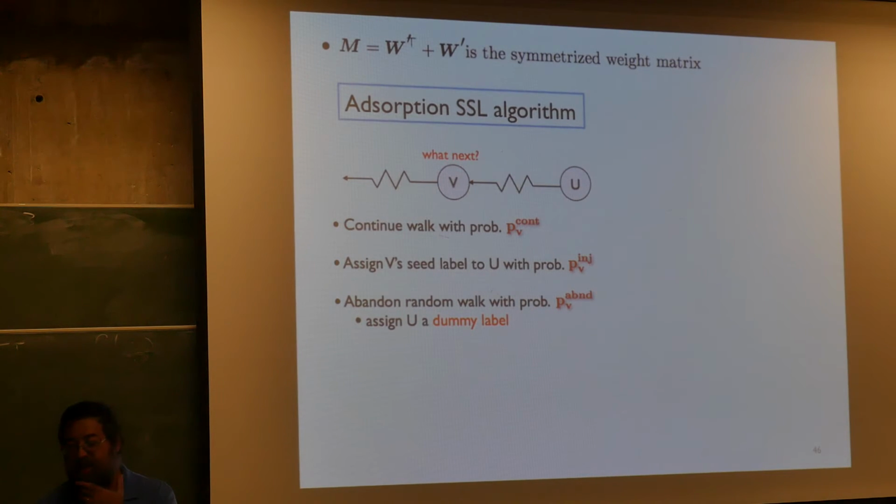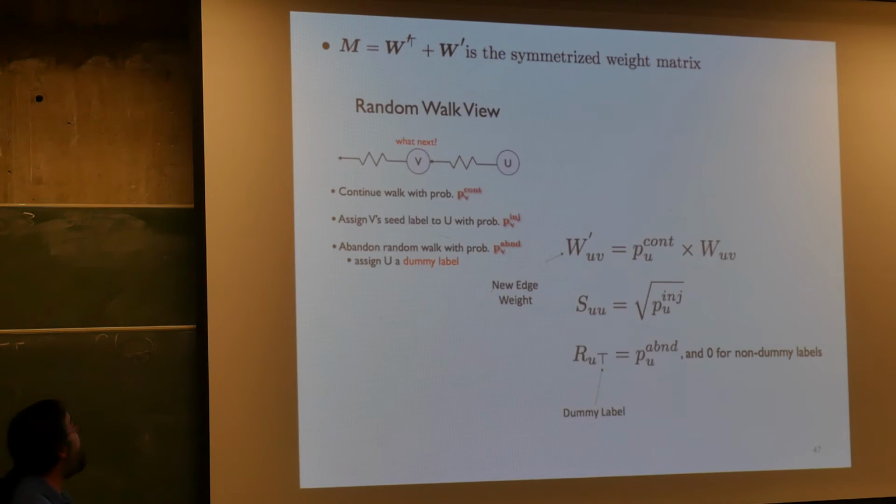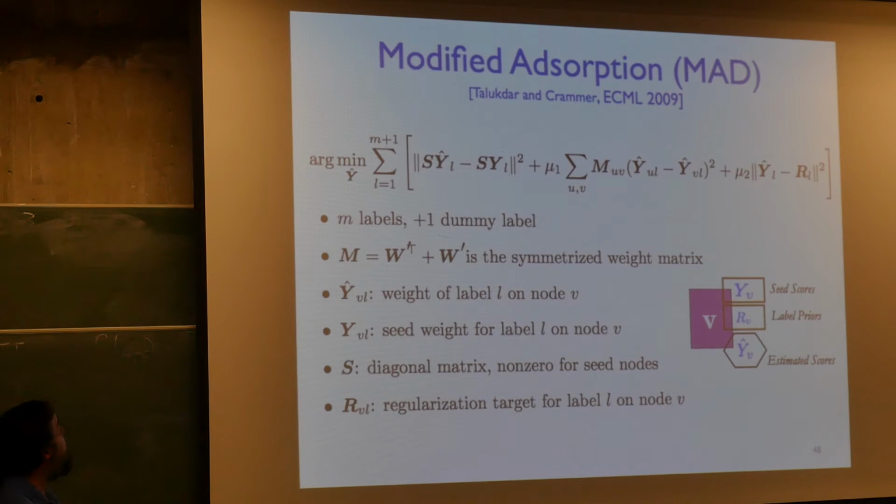In the interest of time, I'll skip this part. He has an argument that this is closely related to something called absorption, which is in turn closely related to the multi-rank walk. Absorption is basically a twiddle on the multi-rank walk. So this is the basic idea.